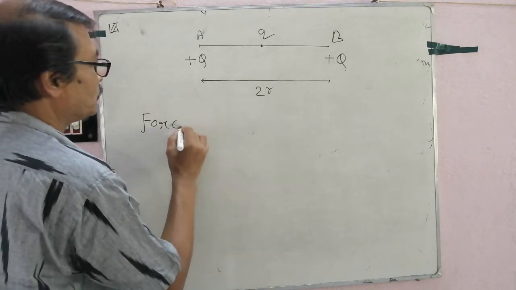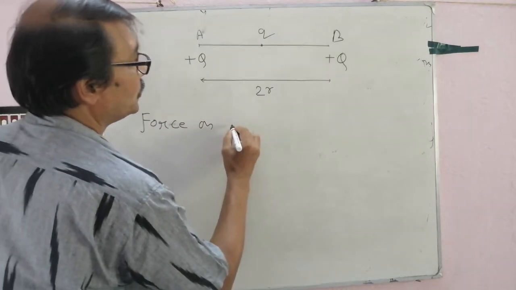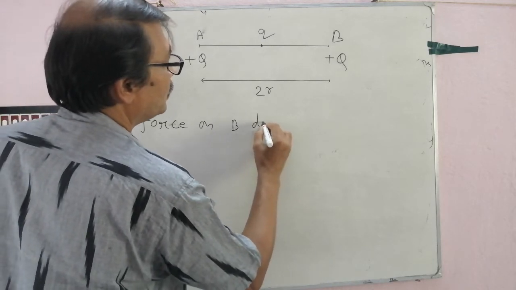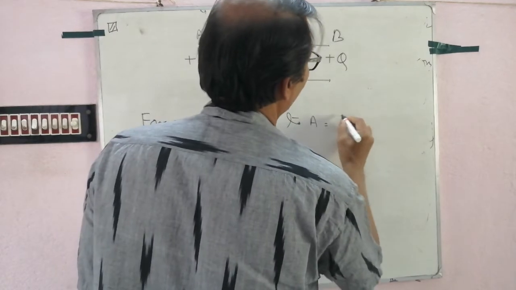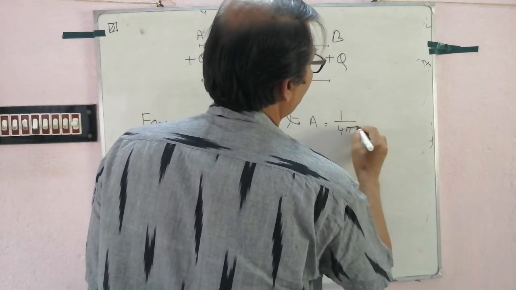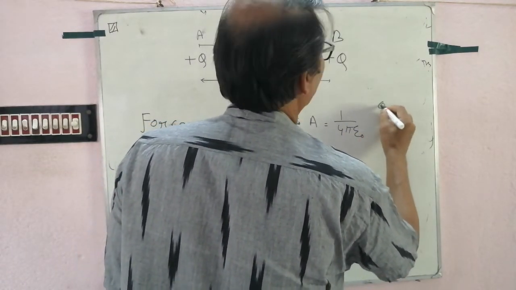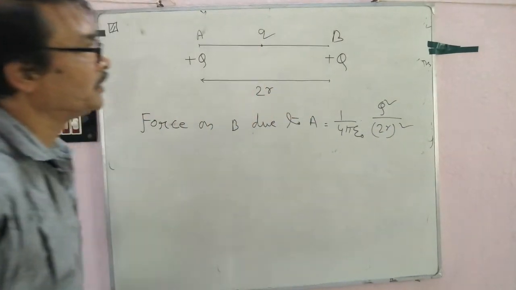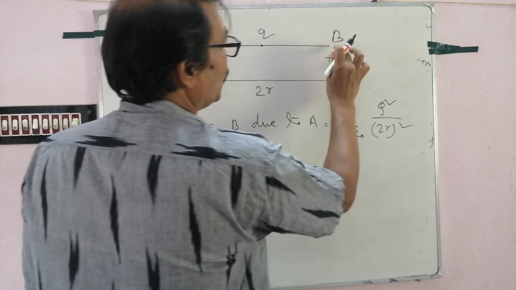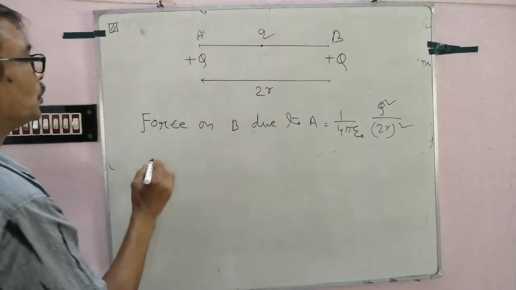Force on B due to A equal to 1 by 4 pi epsilon naught q square by 2r whole square. Clear? This direction is of course towards this way.